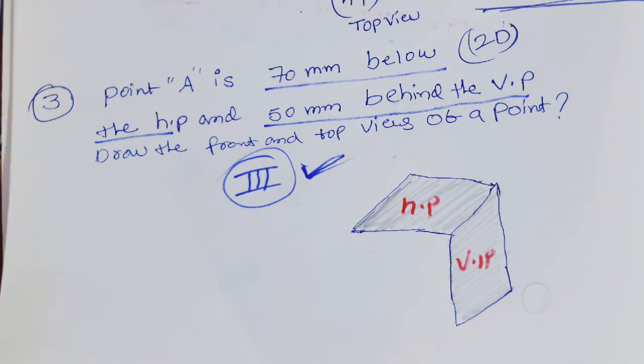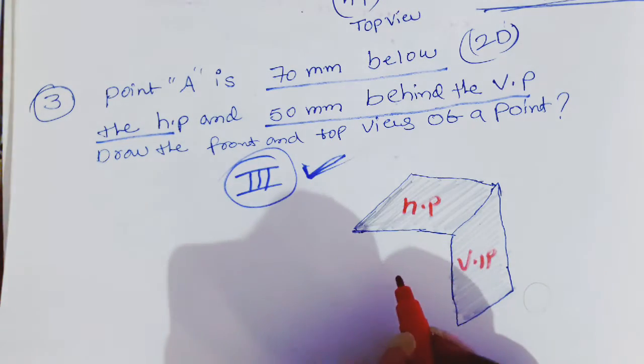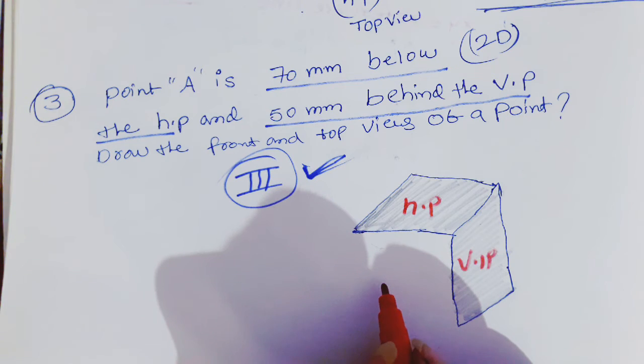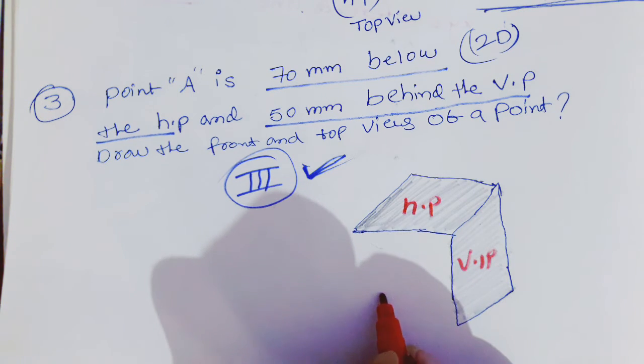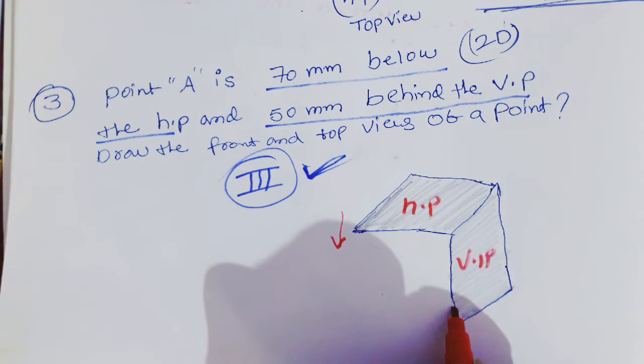What is given? 70 mm below the HP and 50 mm behind the VP. I'm thinking that this position of the point is 70 mm below, this one below, and behind.